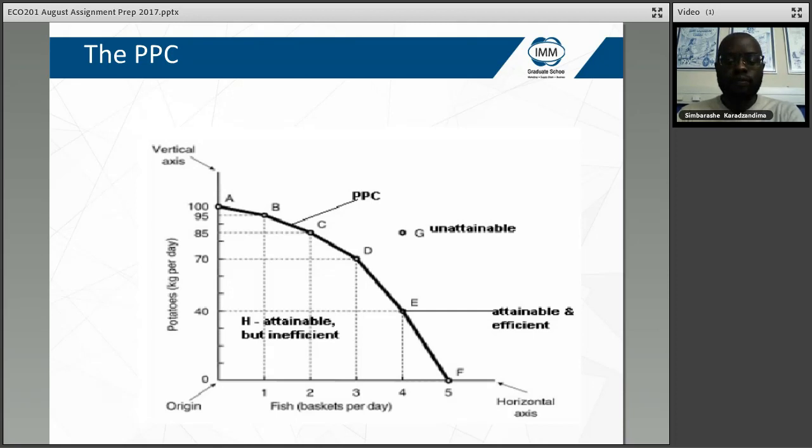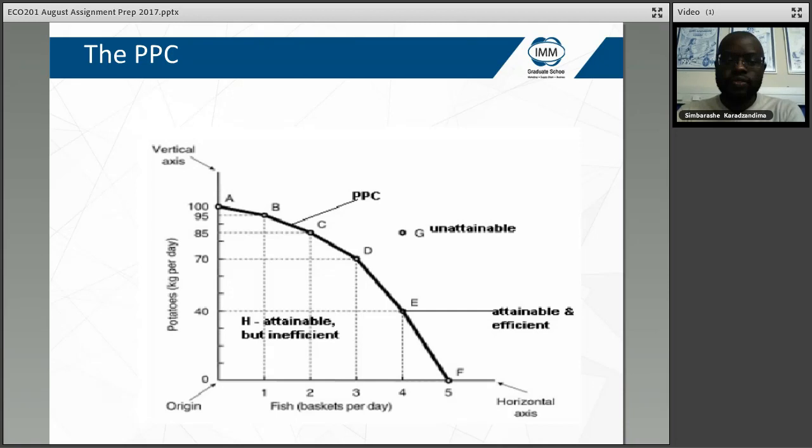If we are at point F, we are using all our resources only to collect fish and none of the potatoes. Then you can have other points, point B, point C, point D, point E, where we now have some resources being used to produce potatoes, some being used to produce fish.